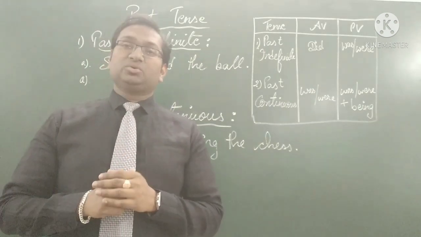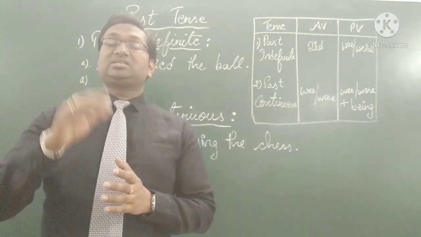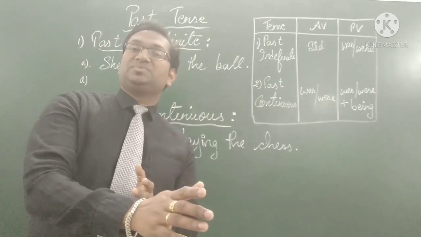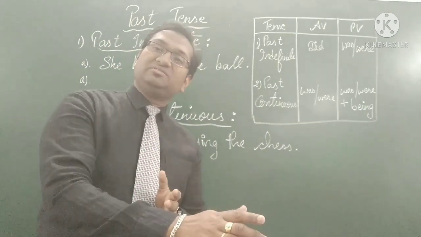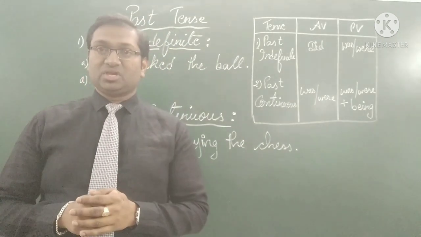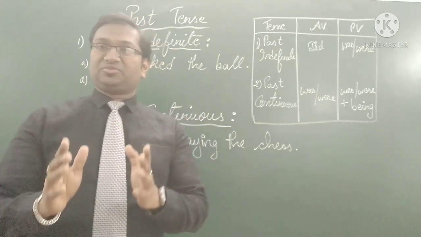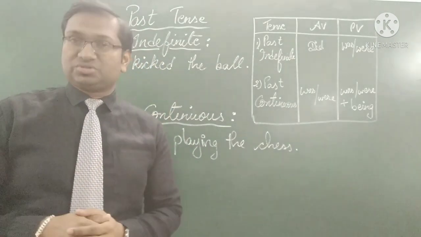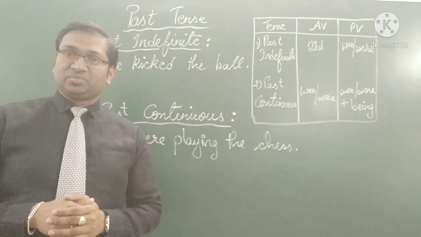I have already given you a chart of what the helping verbs of active will be in the passive. So according to the chart we have to follow how we can use the auxiliary verbs.